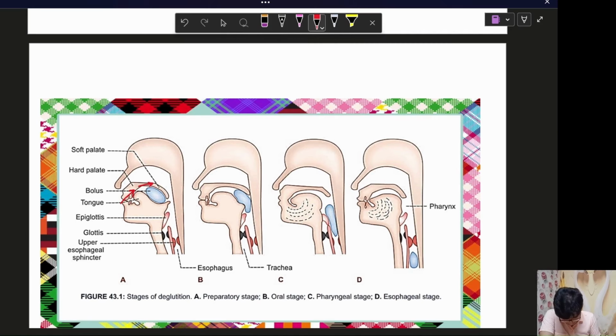So, firstly, there is some preparation being done within the oral cavity, and the food which is being taken is being made into a bolus form, which is to be swallowed in the further phases of our deglutition.